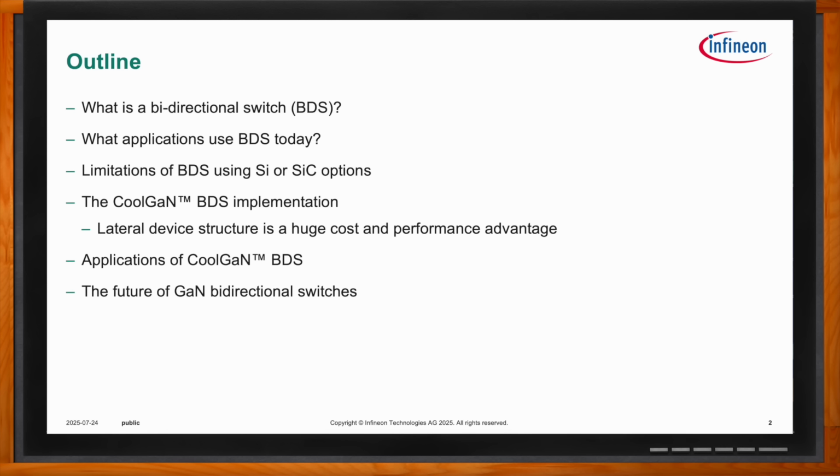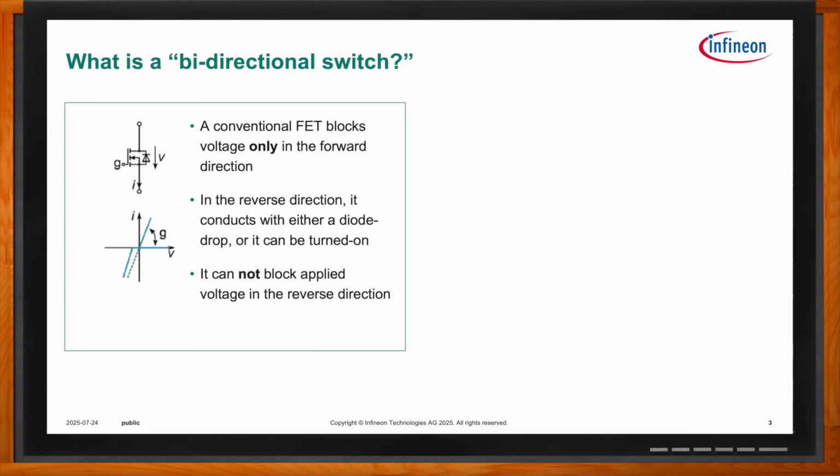Excellent. Okay, so Eric, before we dig into the details, what exactly is a bidirectional switch? First of all, let me clarify that there are bidirectional converters, and those could use any kind of switch. Maybe they use a bidirectional switch or not. But the switch itself, if we start on the left-hand side, you can see a conventional FET everyone's familiar with.